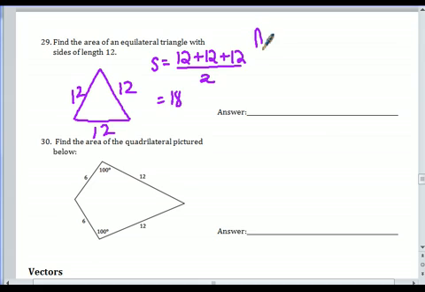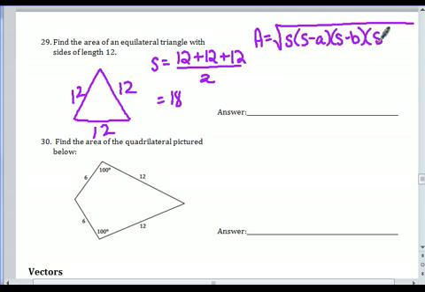Now we're ready to substitute into that area formula, which looks like this: the square root of s times s minus a times s minus b times s minus c. If I substitute in my values, we found s, the semi-perimeter, to be 18.